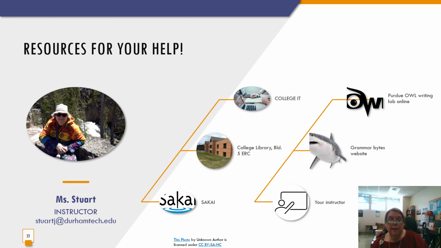Our Sakai site linked to this class. Purdue OWL Writing Lab Online. You can go to the website Grammar Bites. They tell you about different grammar mistakes, punctuation, run-on, so forth. And like I said, your instructor, which is me, I'll be glad to set up some times or exchange emails or meet online to help you with that.